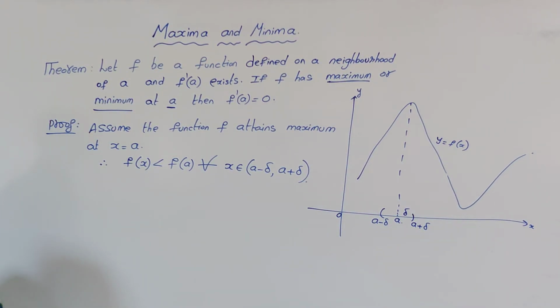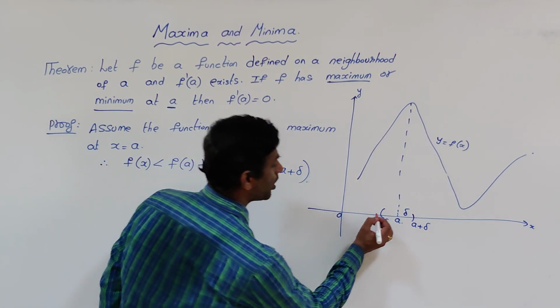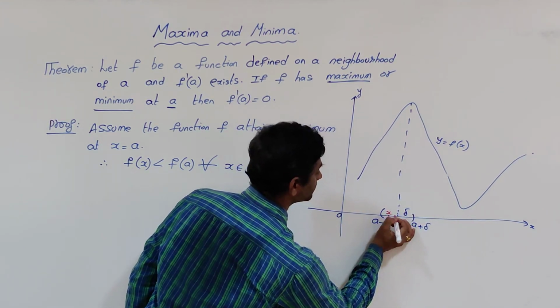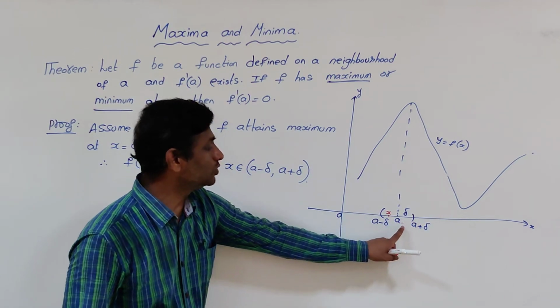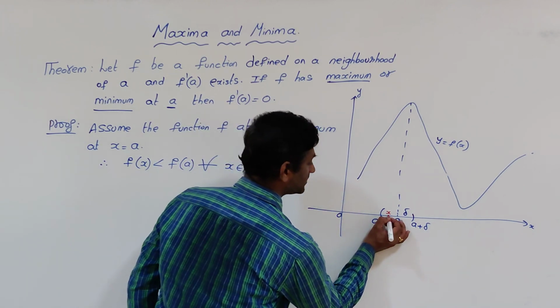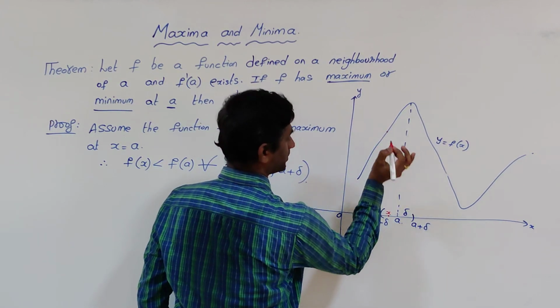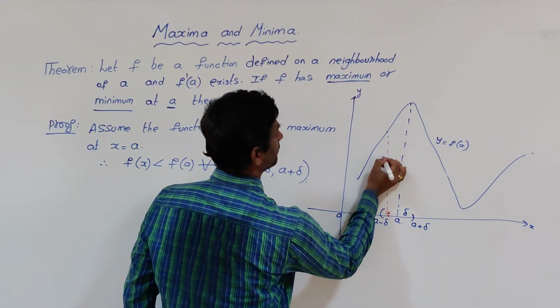Okay. So now assume that a point x lies in between. Where does this x lie now? In between a minus delta and a. Then if x is there, this will be the output f of x.